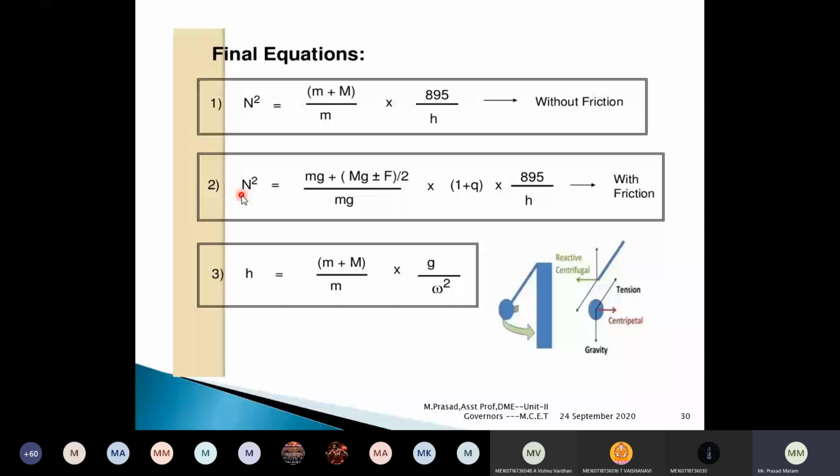When we consider the friction, we have written mg plus or minus f, into 1 plus q. This is without friction, and we are not considering tan alpha equal to tan beta here. If tan alpha is equal to tan beta, we get (m plus M) by m into g by omega square. Again, g by omega square is nothing but 895 by N square.